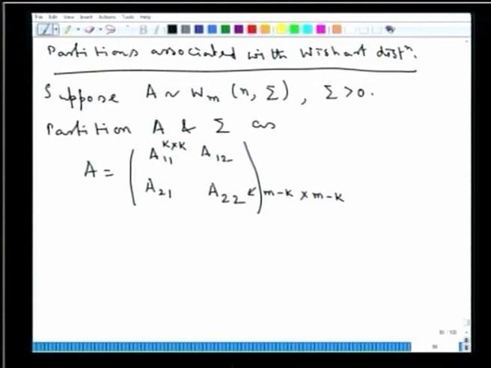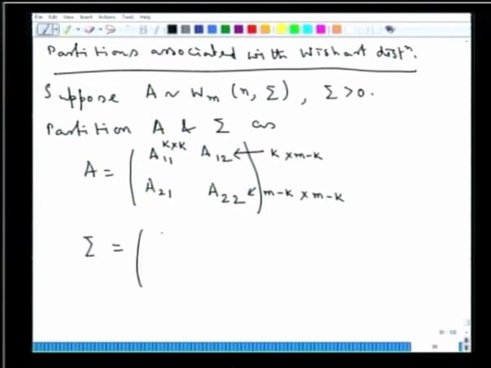Now the order of this A12 and A21 are accordingly obtained. For example, A12 has got k rows and m minus k columns, and similarly A21 has got m minus k rows and k columns, right. So this is a partitioning of A that we have made.